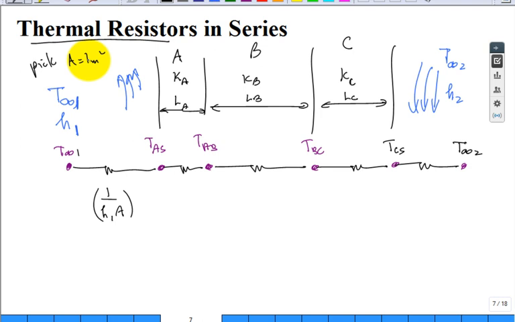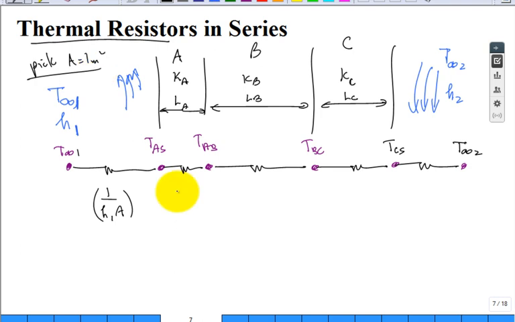It's this many watts per meter squared. I don't know if you've already been challenged with doing that or not, but you should be, and hopefully that made sense. Sometimes it's better. Even though it's a one-dimensional heat transfer, they didn't tell you what A is, and they asked you to calculate the flux. Pick 1 meter squared for A, and then remember that when you report your final answer.